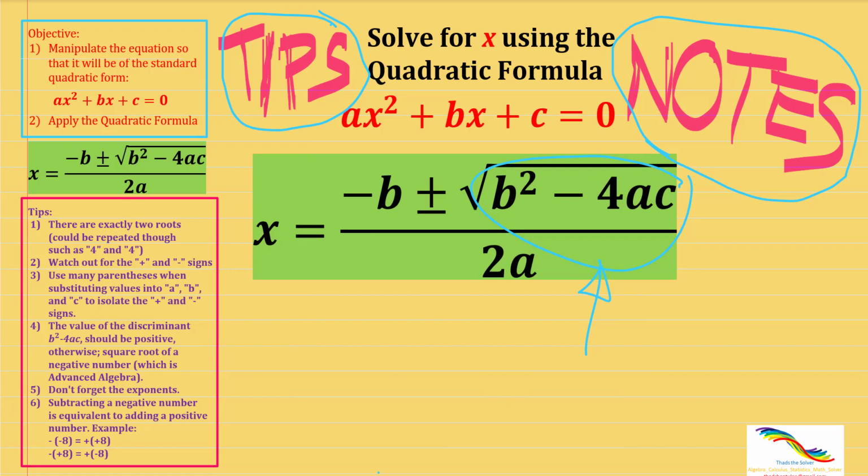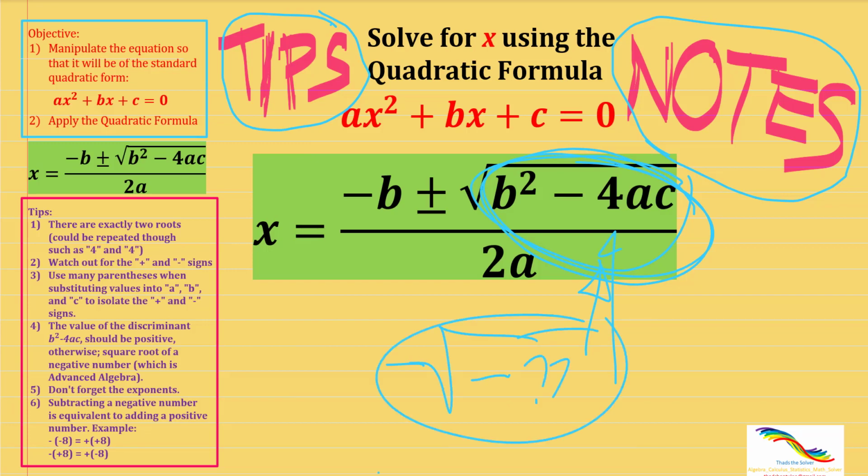It's very important because the value of this entire expression should be positive. Because if it is negative, then you will have the square root of a negative number, which is involved in advanced algebra, because that will lead into the concept of imaginary numbers or complex numbers.